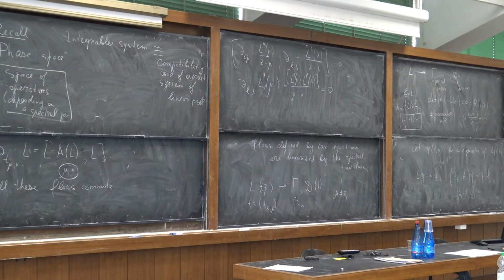This is just a trivial corollary of the fact that this operator commutes with L. So this is an eigenvector with one or other normalization we choose, and this is just proportional. Any two eigenvectors differ by multiplication by a number. So we have the equality that f is a scalar function on gamma, on the curve. So psi of T, P is a vector, and I write f from the right just to indicate that this is a scalar function.